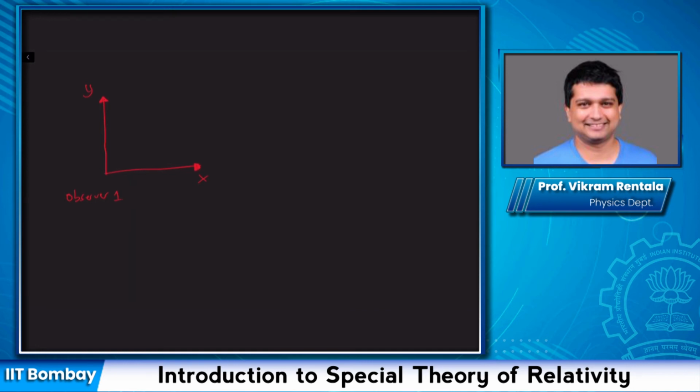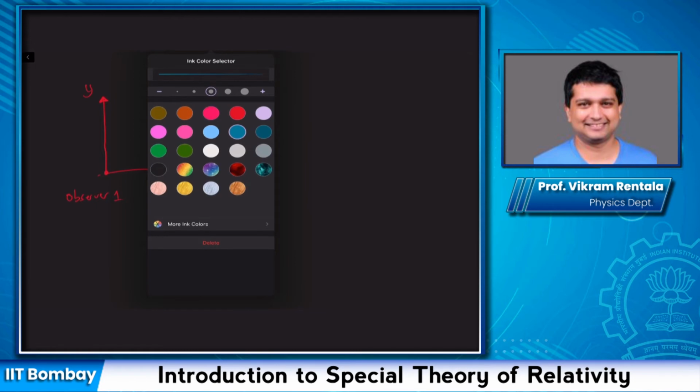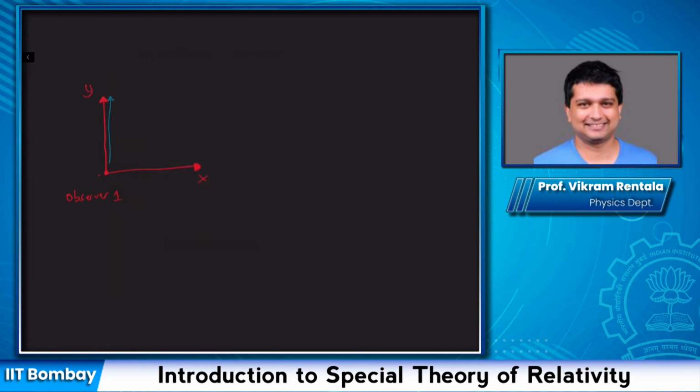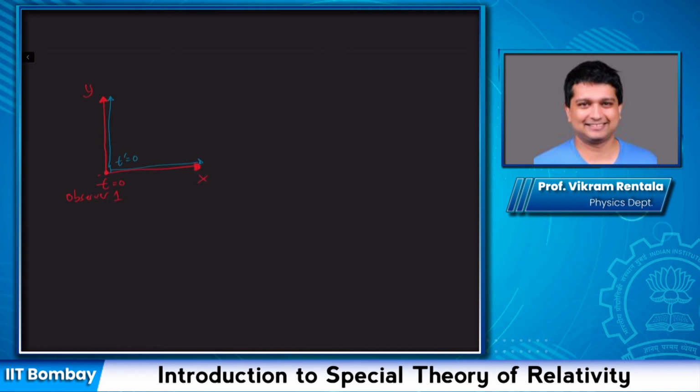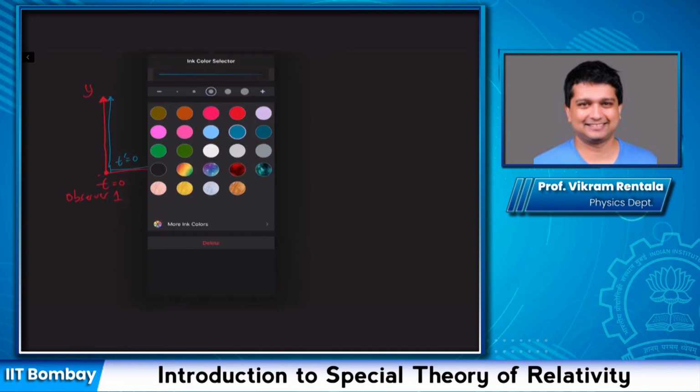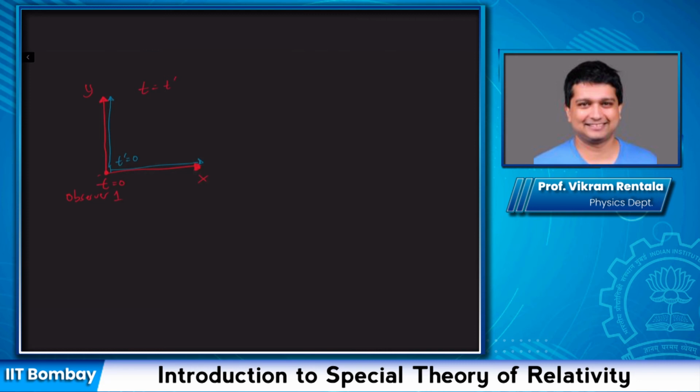Let's suppose they have the same choice of origin in time and space. So when time is 0 for the first observer and time is 0 for the second observer, and their dictionary is t is equal to t prime, both their times agree.